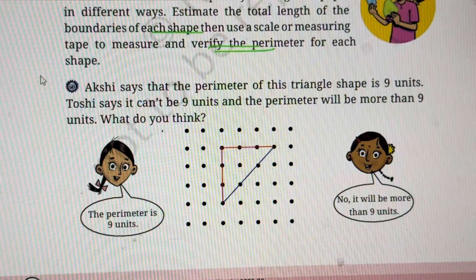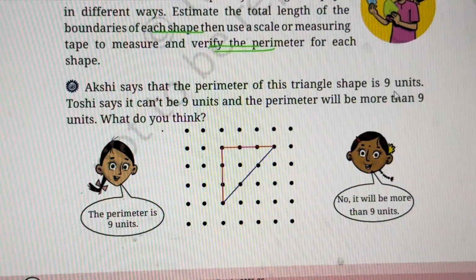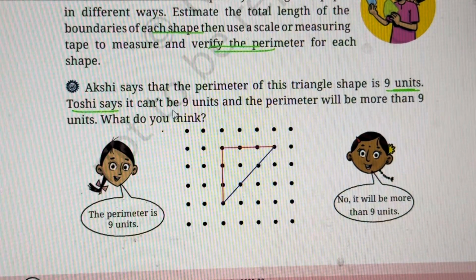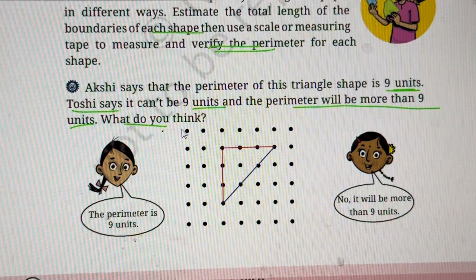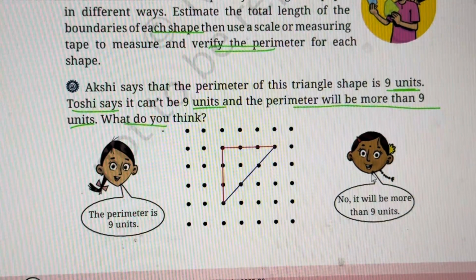Now let us see further. Akshi says that the perimeter of this triangle shape is 9 units. And Toshi says it can't be 9 units, the perimeter will be more than 9 units. Again, there is an argument between Akshi and Toshi, right? So, she's Akshi and she's Toshi.